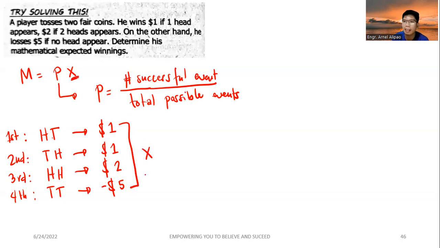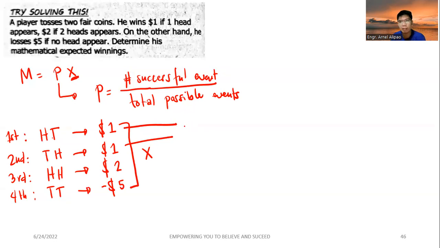Now we need to find out what is the probability of every event. Okay, so how about for this event and this one? Since these two events are giving the player the same amount, we can keep them together, right?